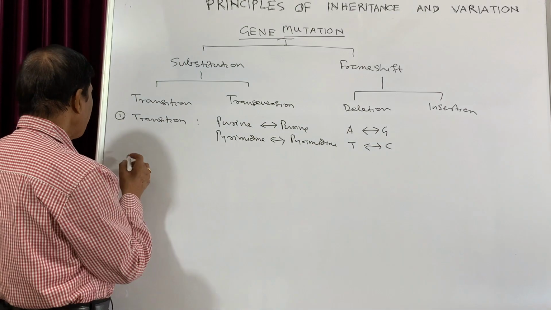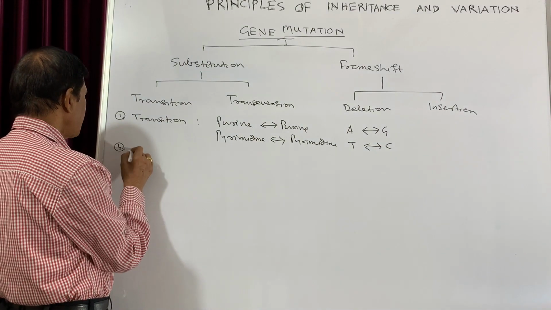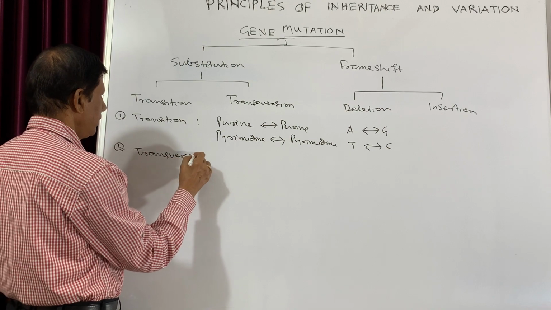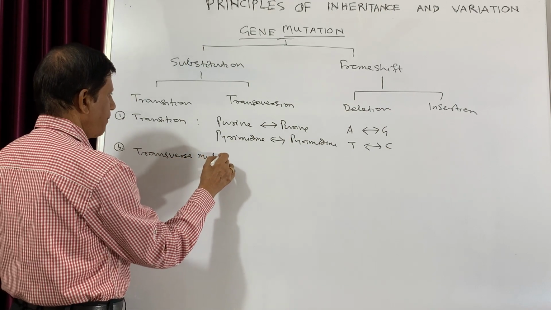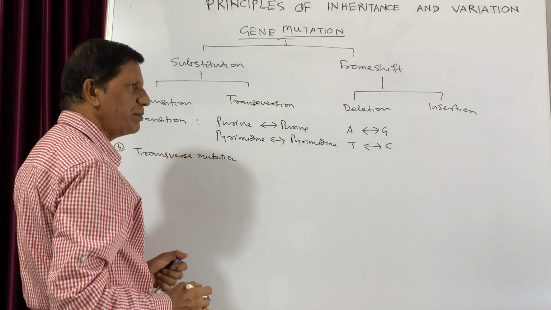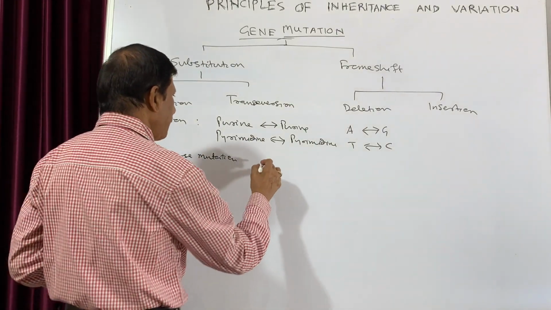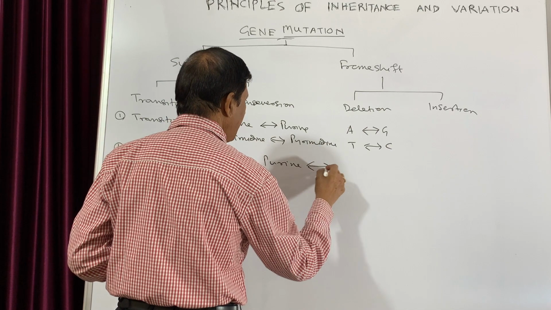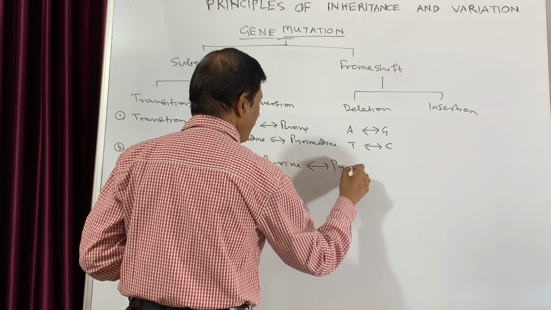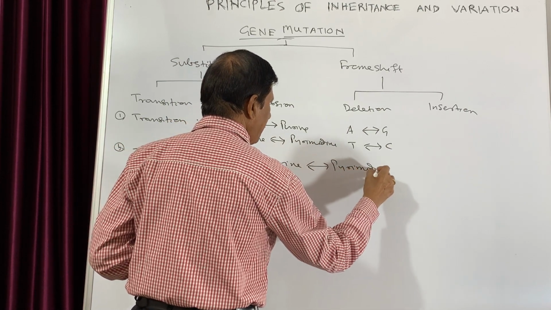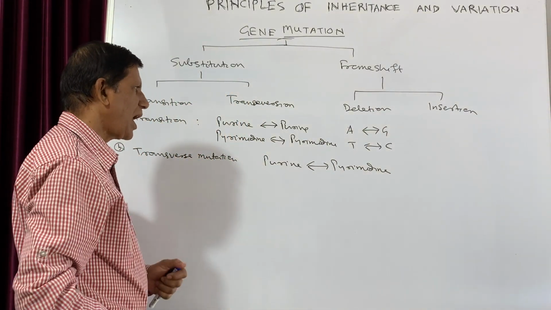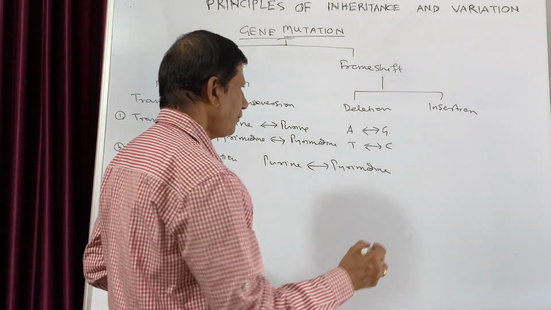But the second type is transversion mutation. In case of transversion mutation, a purine is replaced by a pyrimidine and vice versa. So, how it is taking place, you see.